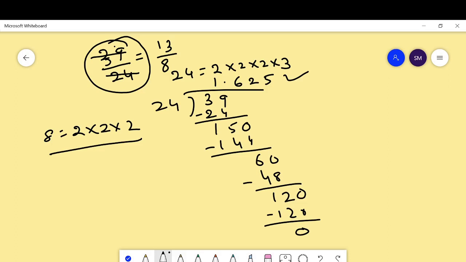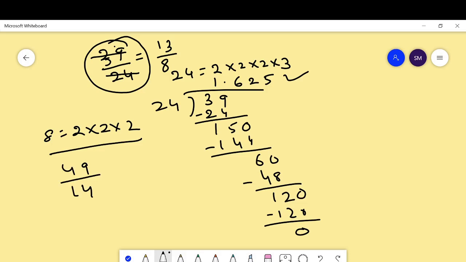If this is in lowest terms, then take its denominator and check whether the factors are 2 or 5 or other numbers. If only factors of 2 or 5, then they are terminating, otherwise non-terminating.